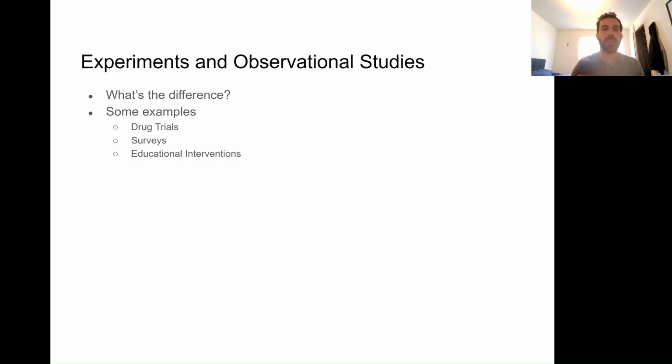Whereas an observational study can happen after the fact or during, but there's no actual experimentation taking place. You're collecting data that already exists through various methods. And that's all I'll say about it for now. I think when we go through the examples it'll become more clear, and I don't want to give away too much. So thinking about drug trials, would that be an experiment or an observational study?